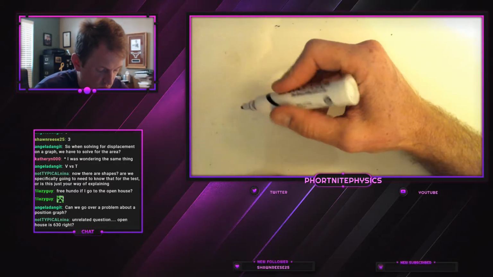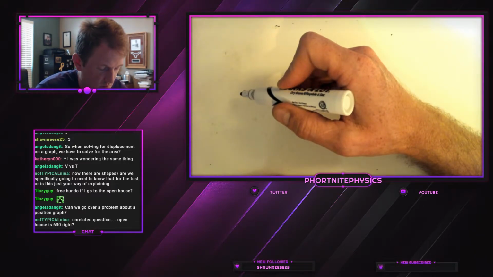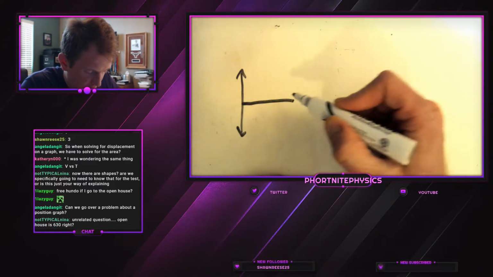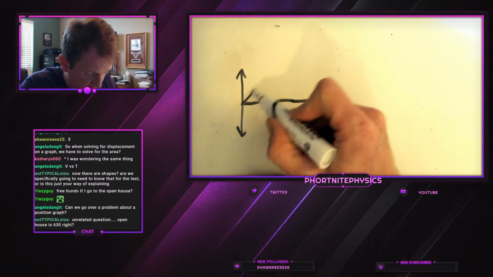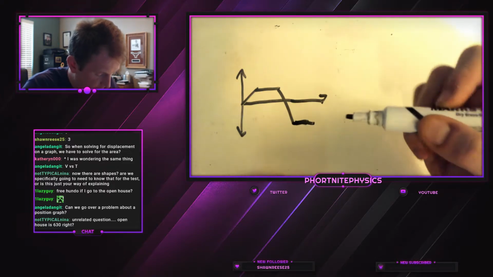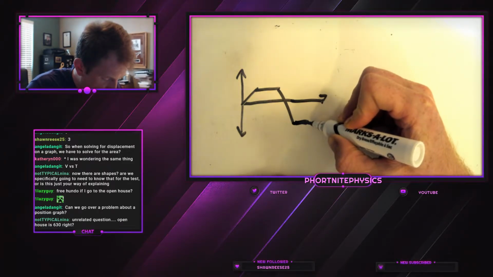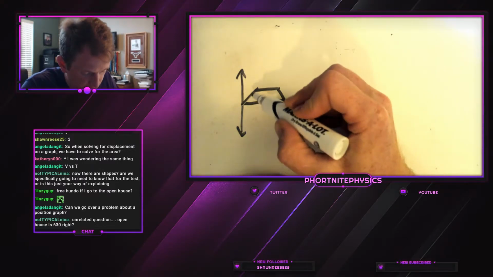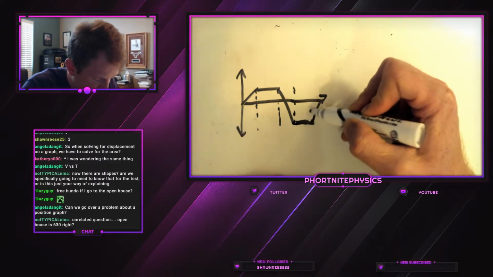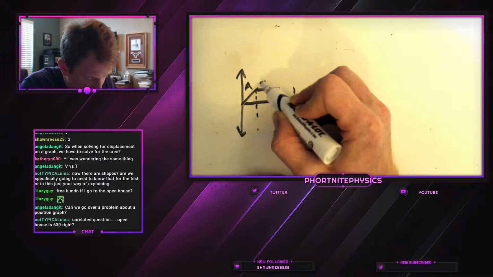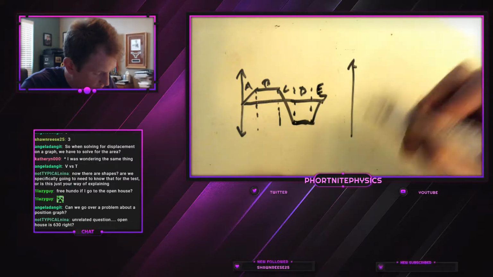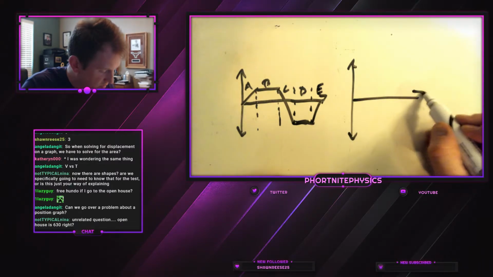Okay. It's an oldie but a goodie. Okay, so let's call this A, B, C, D, and E, and then we will graph its velocity.